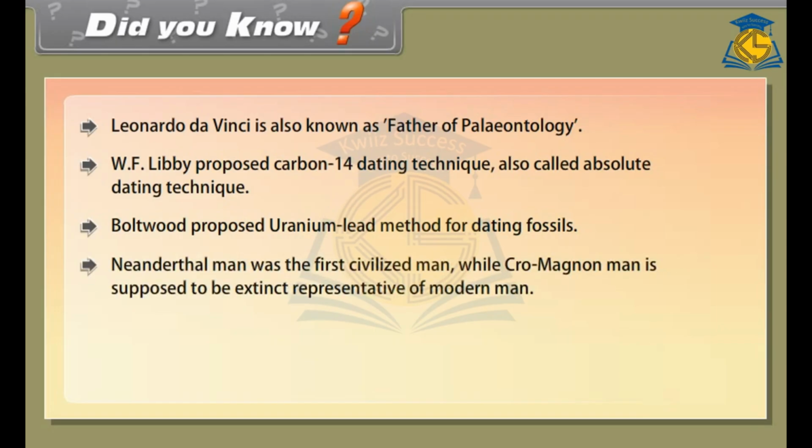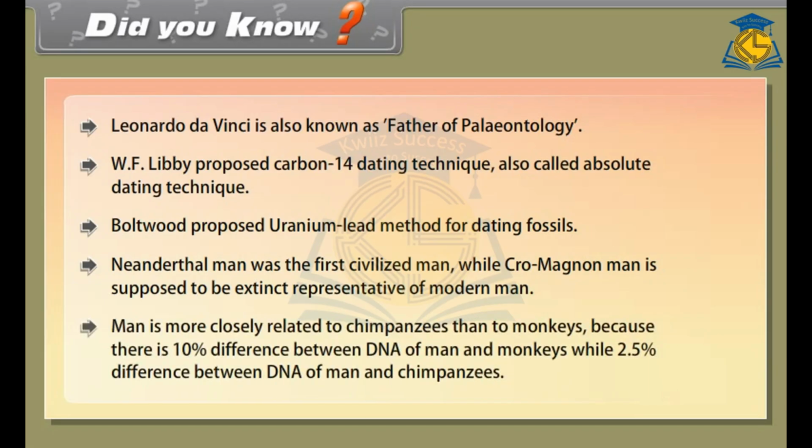Neanderthal man was the first civilized man, while Cro-Magnon man is supposed to be extinct representative of modern man. Man is more closely related to chimpanzees than to monkeys because there is 10% difference between DNA of man and monkeys, while 2.5% difference between DNA of man and chimpanzees.